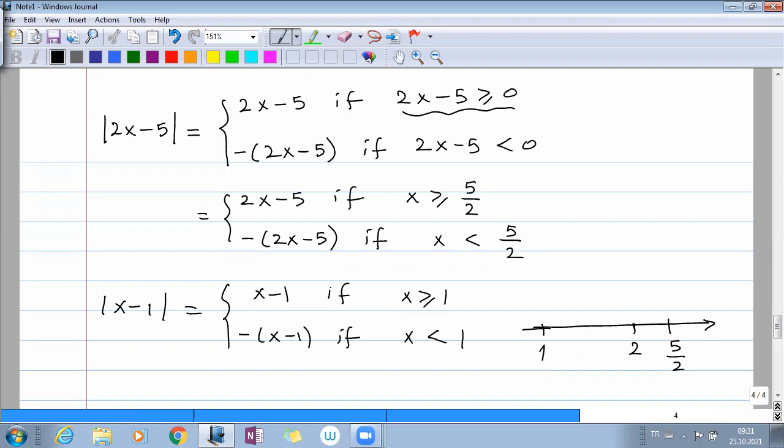For the first absolute value, I need to consider x less than 5/2, and for the second, x greater than or equal to 1. So to be precise, I need to consider this interval. Instead of taking 3/2 to 5/2, you can take from 1 to 5/2. I cannot go beyond 5/2 because beyond 5/2, the absolute value of 2x minus 5 changes its behavior.